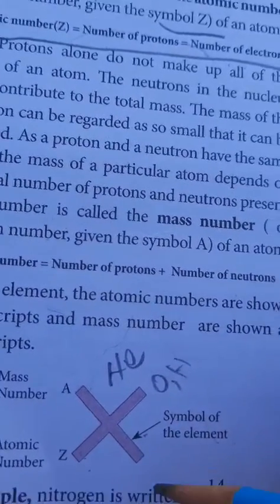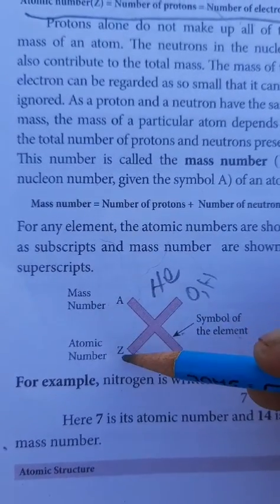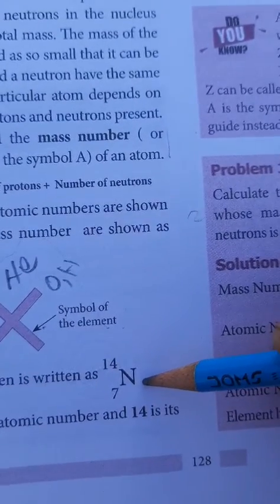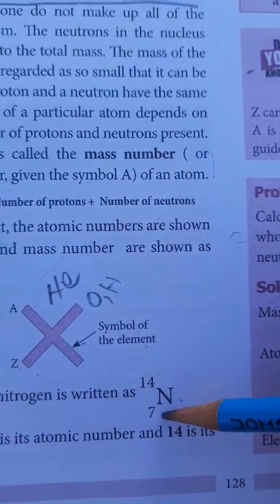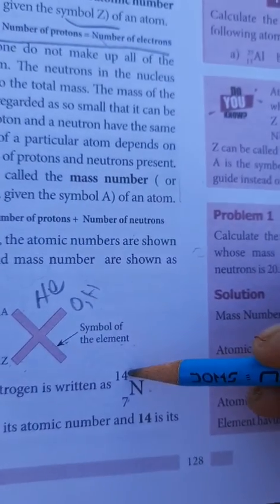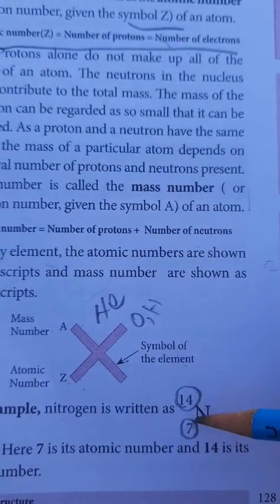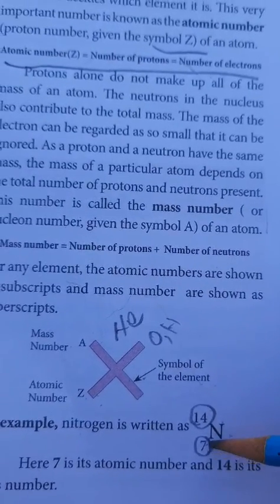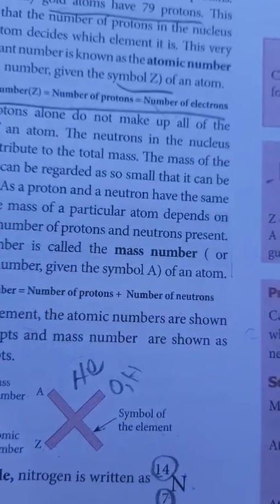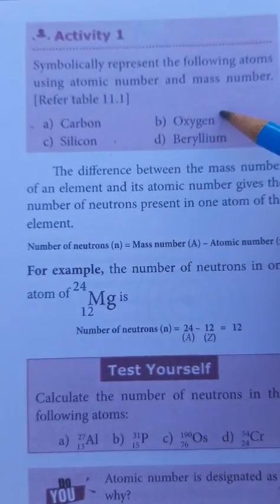For example, nitrogen is written as nitrogen 14 and 7: atomic number 7 and mass number 14. These two numbers are very important. Carbon, silicon, oxygen and beryllium are written the same way.